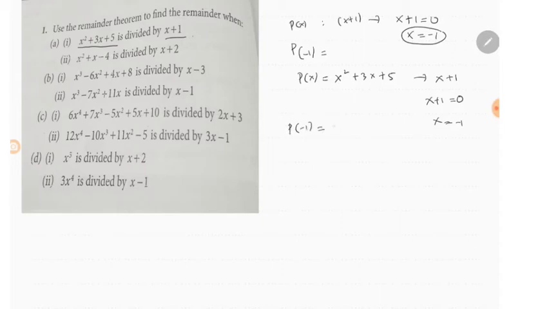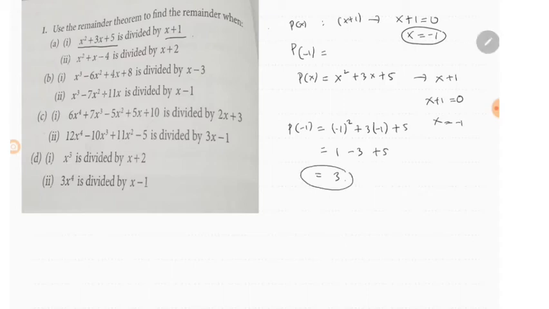So p(-1) equals negative 1 squared plus 3 times negative 1 plus 5. So it's 1 minus 3 plus 5. So 1 minus 3 is negative 2, and negative 2 plus 5 is 3. So our remainder when x squared plus 3x plus 5 is divided by x plus 1 is 3.